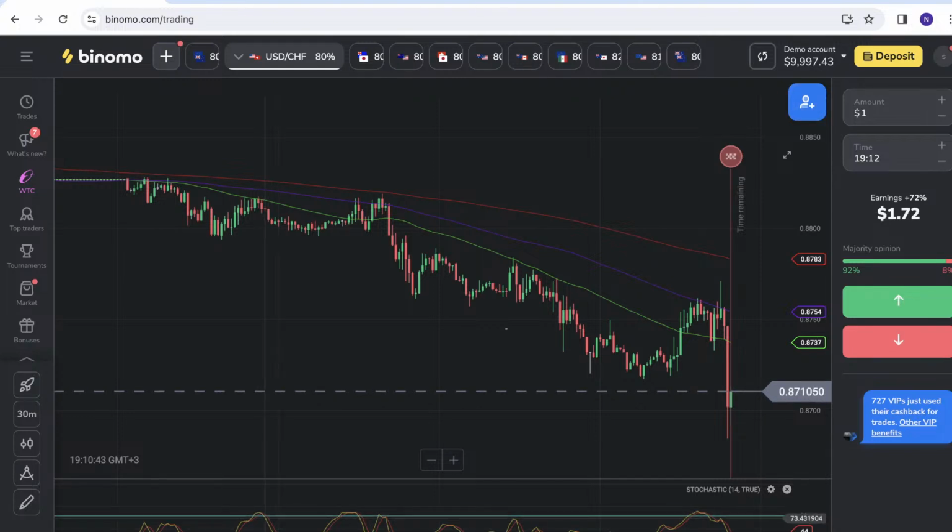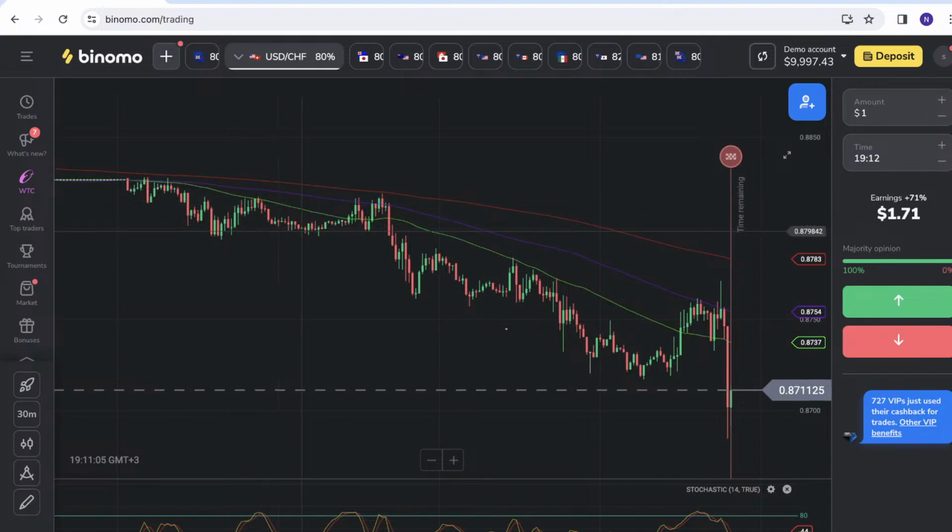At this time I'm looking at the support line. In this case it is the 50 period simple moving average, price is testing it, and stochastic is also in the overbought zone. At this point I can open down trades.